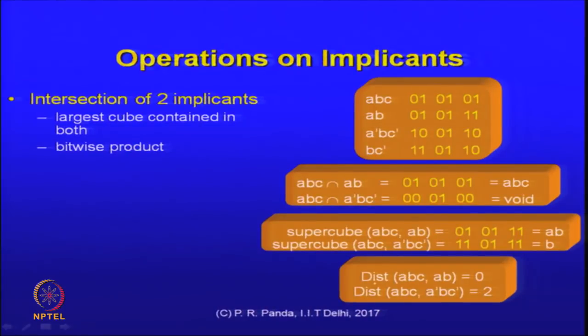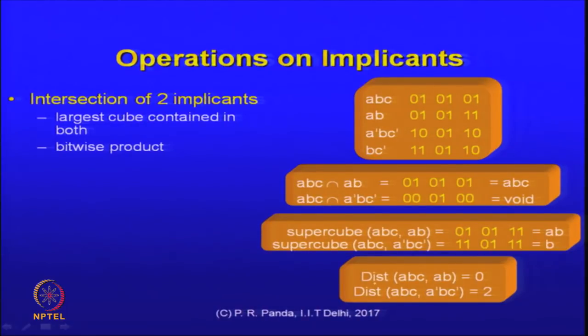We can think of a few operations with that particular representation. Let us define an intersection of two implicants. Intersection would be defined as the largest cube that is contained in both of them.